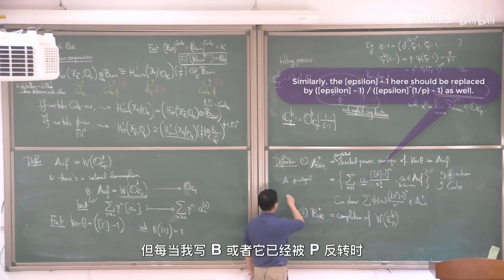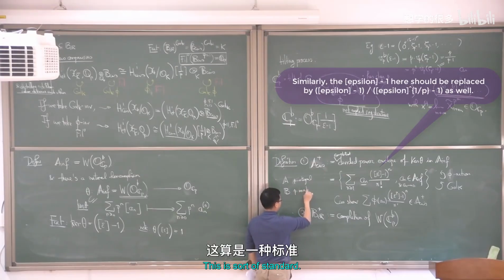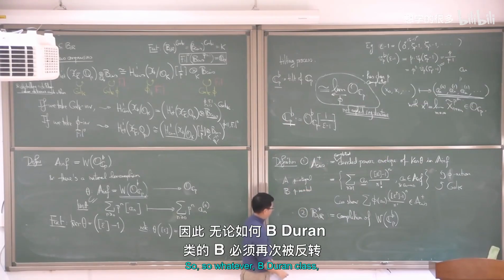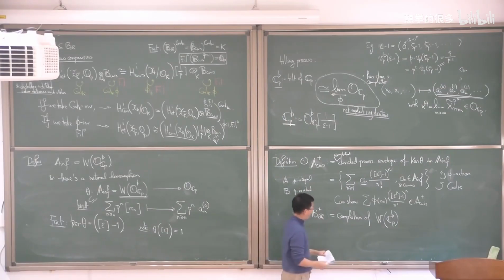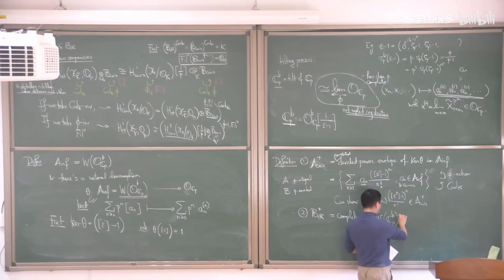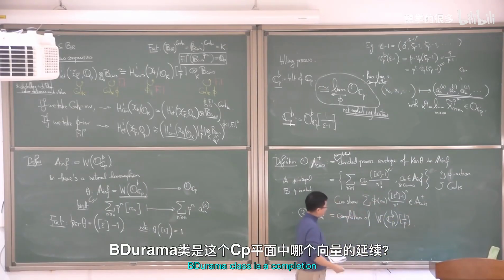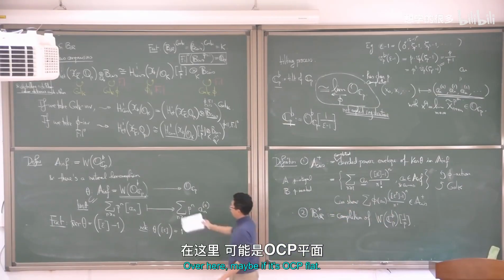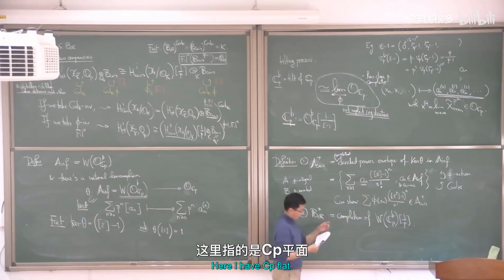But whenever I write B, I always mean p inverted. This is the standard. So when I write B dR plus, B must be inverted here. B dR plus is a completion of the Witt vector of this C^flat. Over here, A if it's O_C^flat, here I have C^flat.